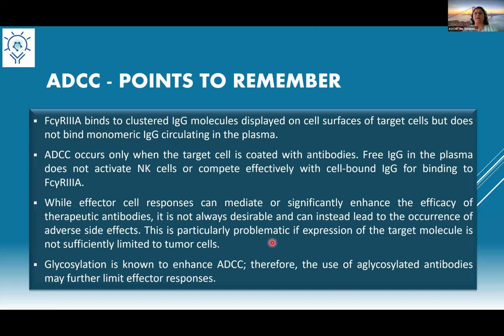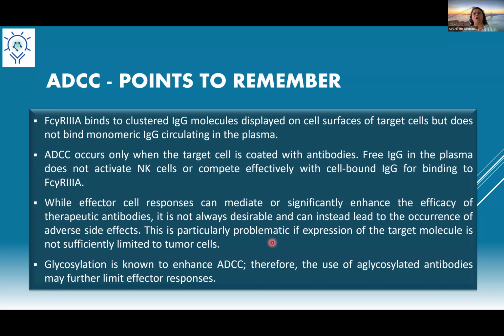Once the antibody is bound to the cancer marker or specific antigen present on the cancer cell, if that marker is not very specific to cancer cells and is present in many other normal cell types, then the antibodies coat the cancer cells along with the normal cells.